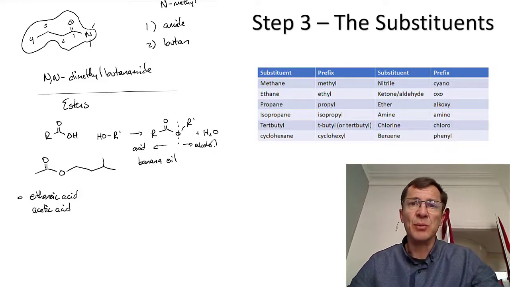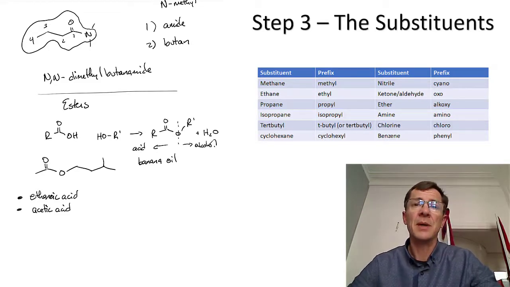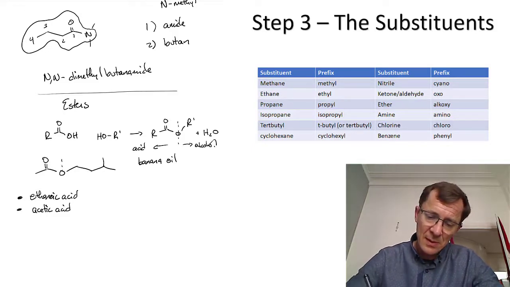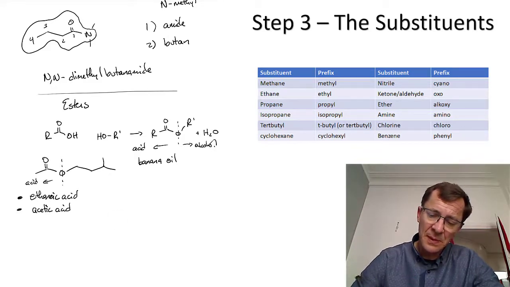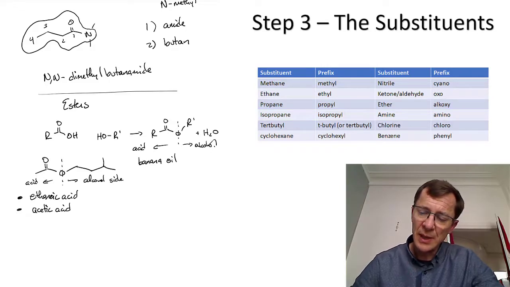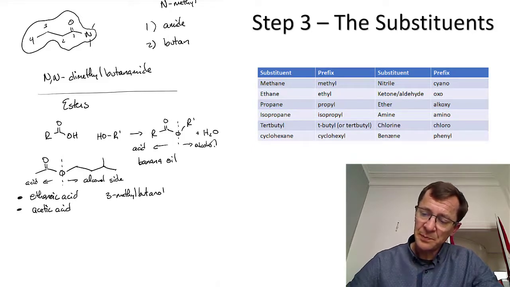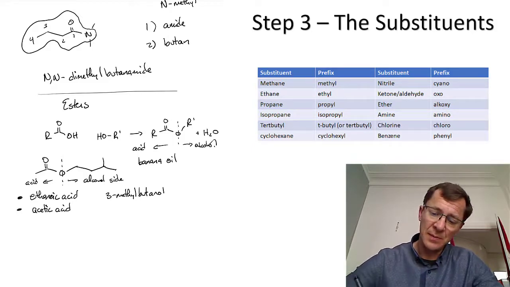The upper name is brutally correct IUPAC. The bottom name is actually a common name, but it is so universally used that IUPAC accepts it. So that's that side. The alcohol side is a 1, 2, 3, 4 butyl, with a methyl group on the 3 carbon.